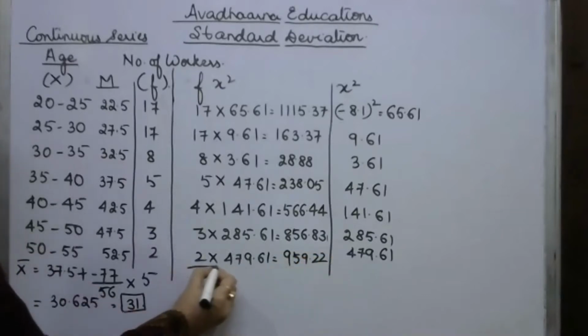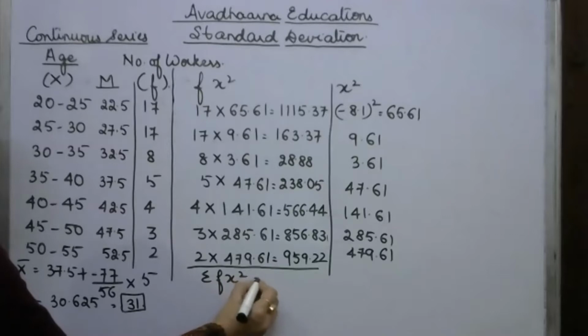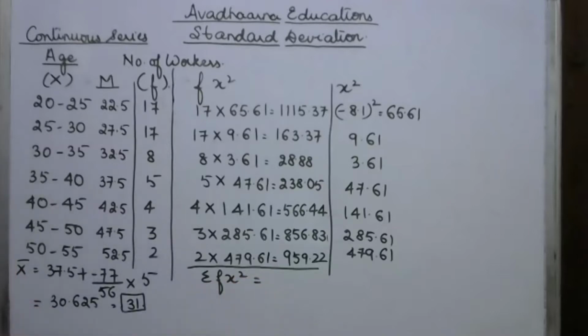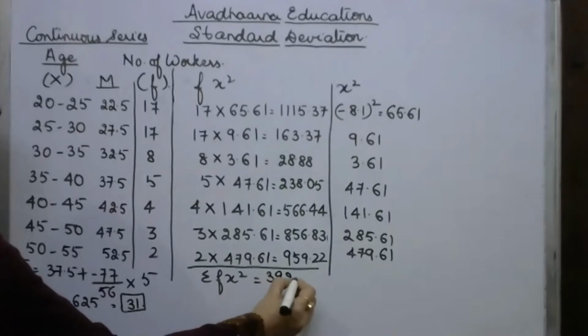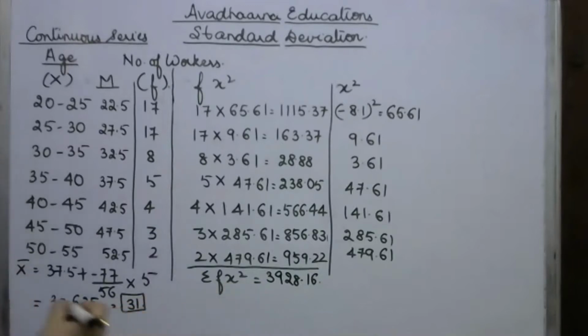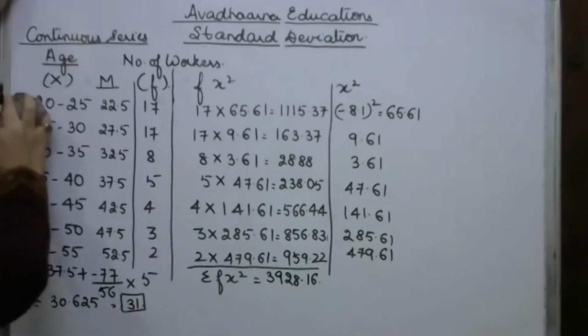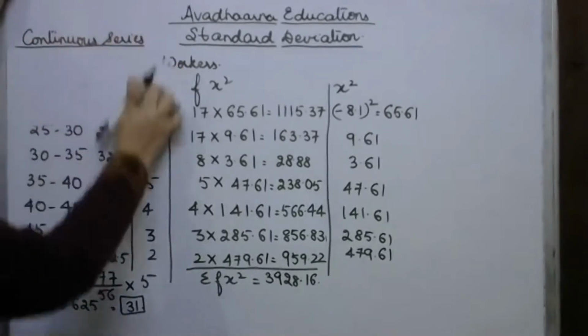And then we are going to take the summation of fx square, which is equal to 3928.16.